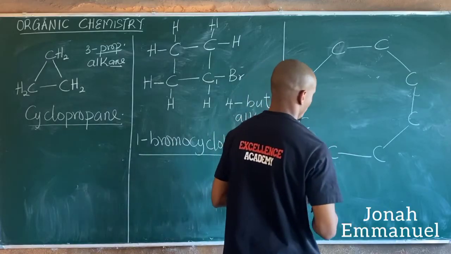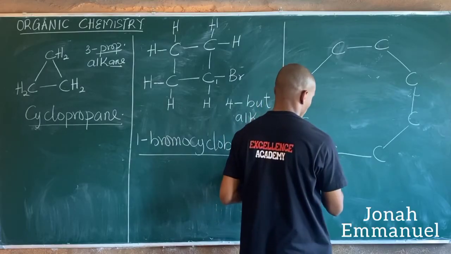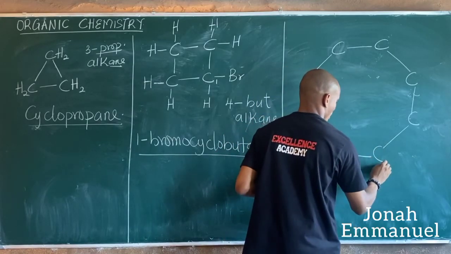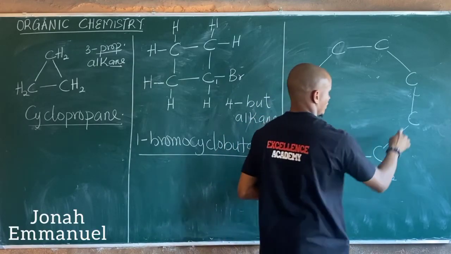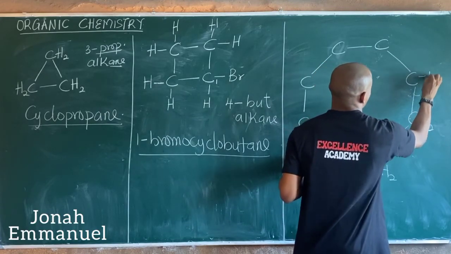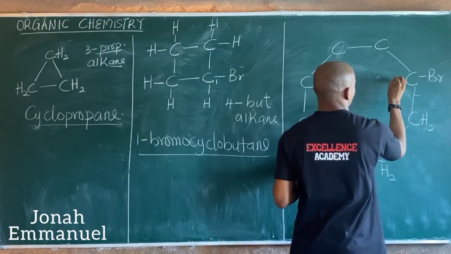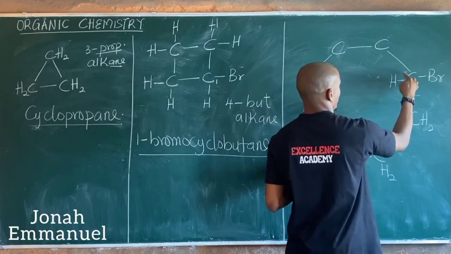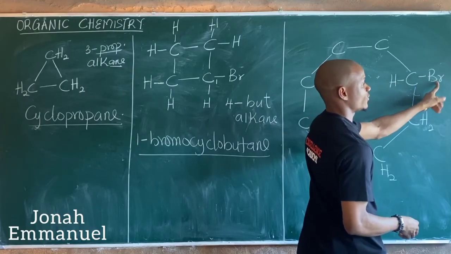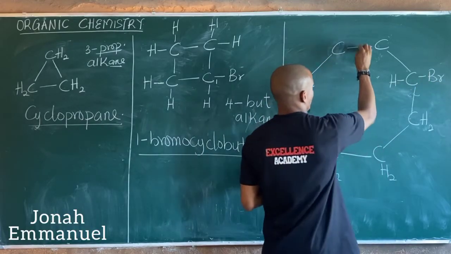Alright, so this one has 1, 2. I'll have H2 here to make it 4. This is 1, 2. I'll have H2 here to make it 4. This is 1, 2. I'll have H2 here to make it 4. Perhaps I want to add a substituent bromine here, and I put a H here. It becomes 1, 2, 3, 4. It's balanced. And you can simply say CHBr. It's correct.